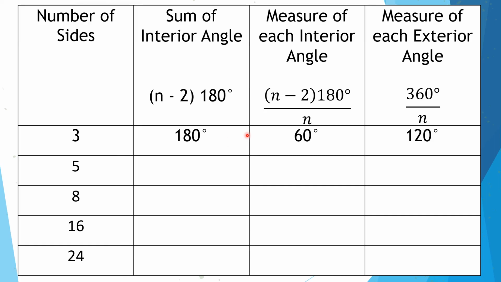Measure of each interior angle: the formula is n minus 2 times 180 degrees divided by n. 3 minus 2 is equal to 1, times 180 degrees divided by 3, which is equal to 60 degrees. Measure of each exterior angle, 360 degrees divided by 3 is equal to 120 degrees. It is now your turn to answer.